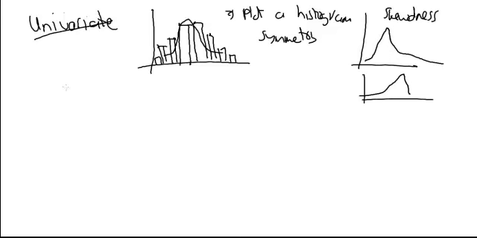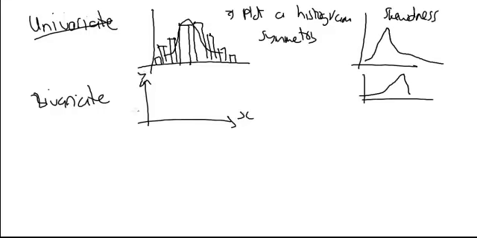For bivariate, we use scatter plots. So since we have two numbers in the example I'm going to be looking at, we can plot x against y.